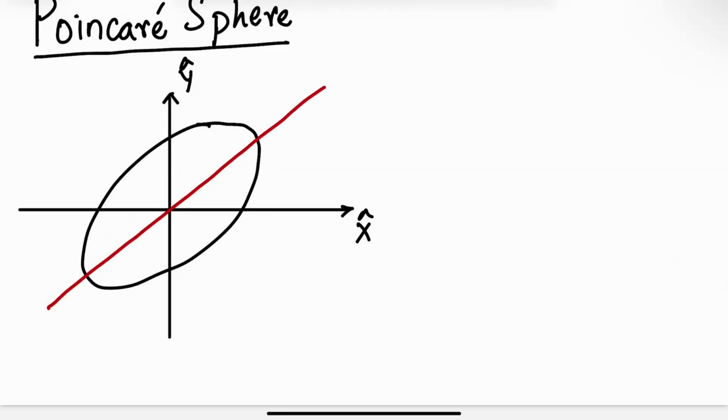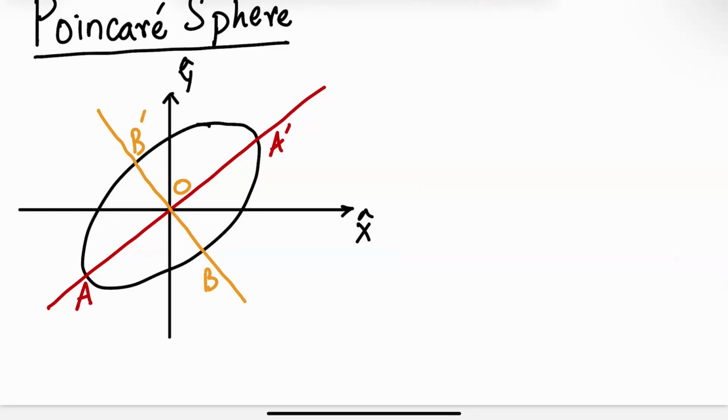This is the major axis, and we have a minor axis. I label it as O, maybe this is A prime, and then we have B and B prime.